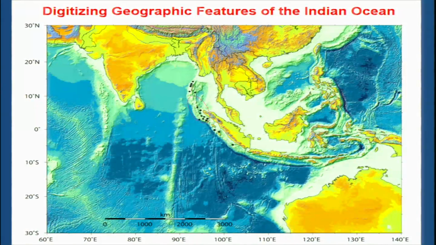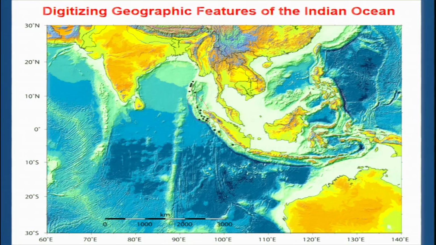So after doing all this exercise, look at what we have now. This is the same image as in the previous slide, and now this is changed completely. You are able to demarcate all these things. On this image we are highlighting the information, and there is a separate layer in which we have digitized this map.